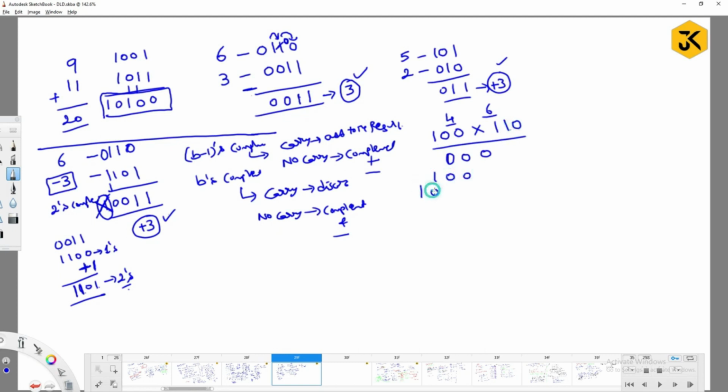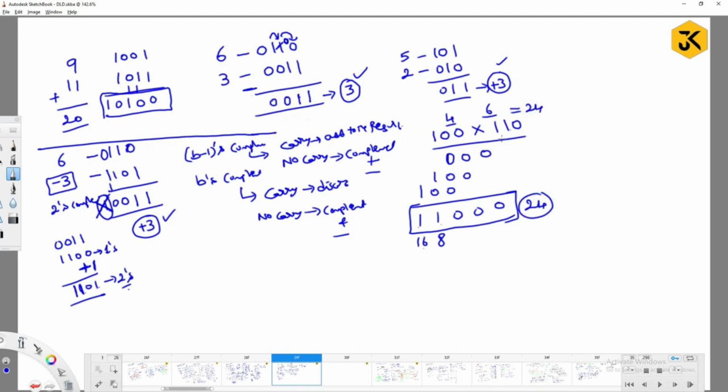What is this value? 1 2 4 8 16. 16 plus 8 is 24, which is equivalent to 4 times 6, 24.